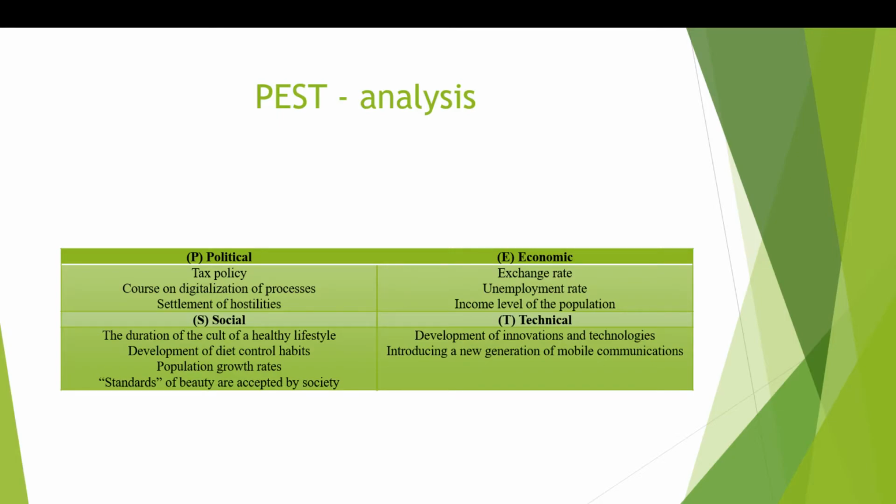Also, we provide PEST analysis. So, for example, here we can look at some dependencies which have an impact on our system. From a political perspective, we assume that tax policy, course of digitalization of processes, and settlement of hostilities make an impact on our system. From an economic perspective, it's exchange rate, unemployment rate, income level of the population.